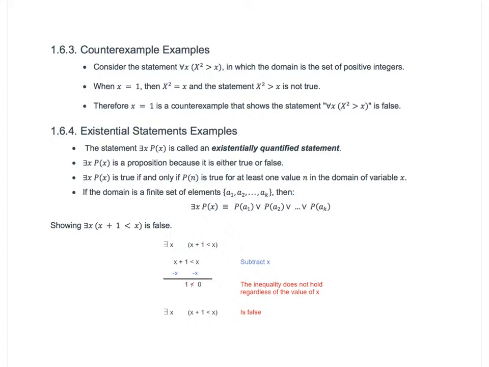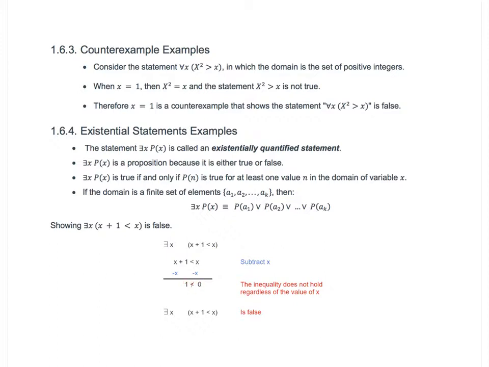So, for example, if x plus 1 is less than x is true, you can subtract x from both sides of the inequality. If you subtract x from the left hand side, you get x plus 1 minus x, which is 1, and in the right hand side you have x minus x, which is 0.